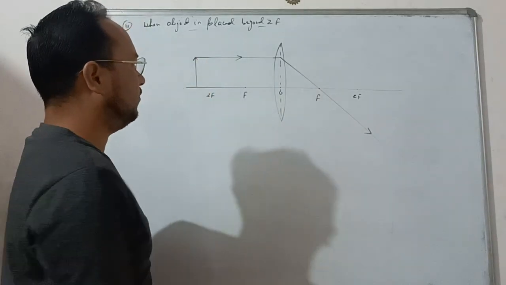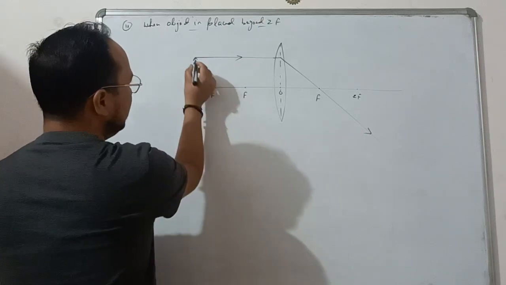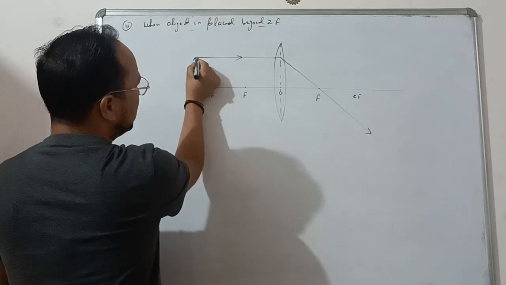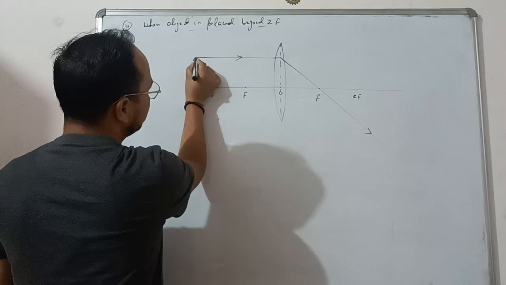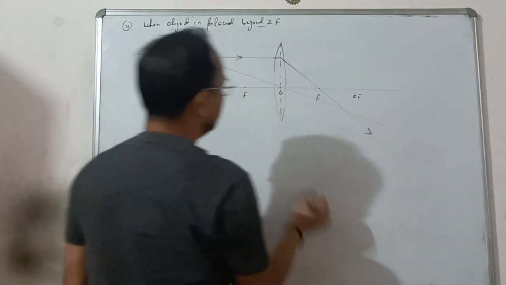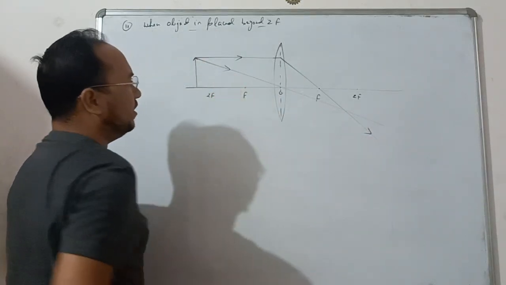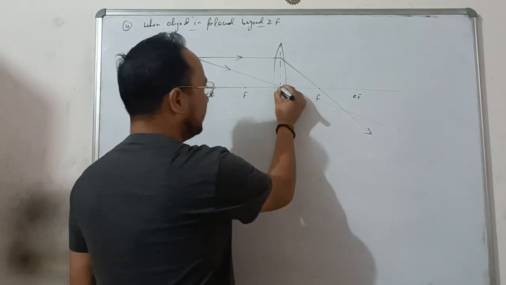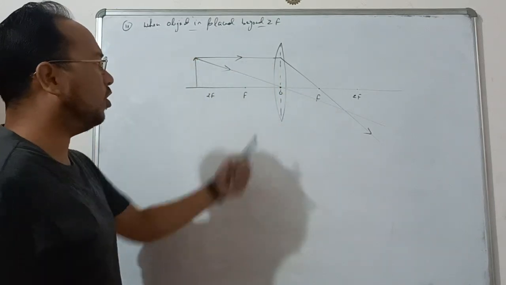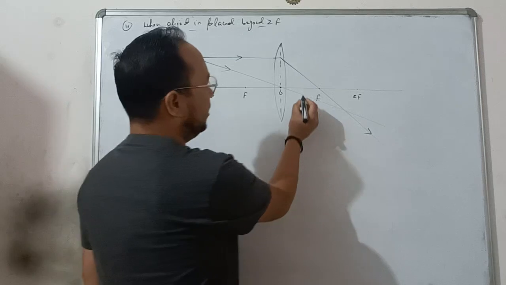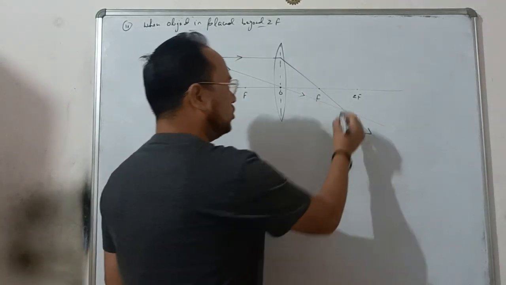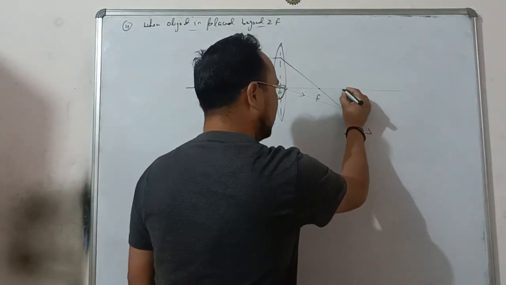This is the first refracted ray. The second ray will pass through the optical center. So this is our incident ray, and the incident ray which passes through the optical center goes undeviated. We will also discuss this in our class.